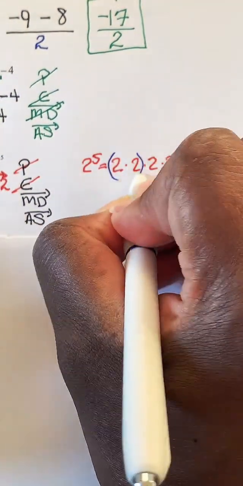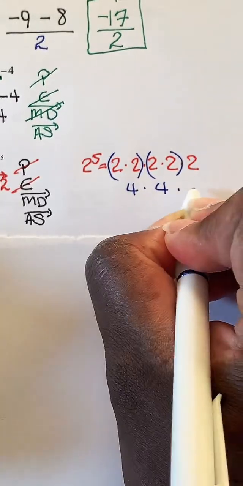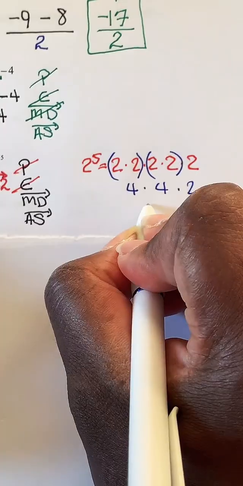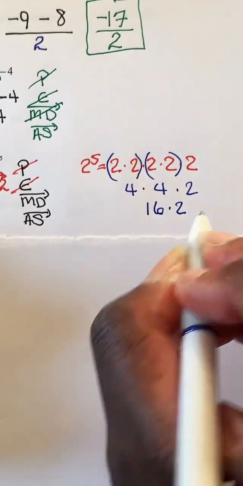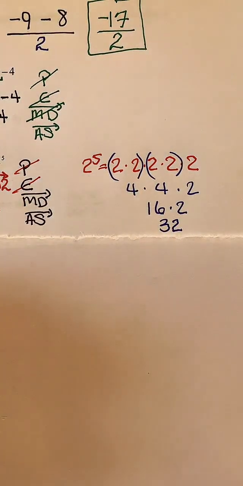So 2 to the 5th power is the same as saying 2 multiplied by itself 5 times. So I know that 2 times 2 gives me 4. 4 times 4 gives me 16. And 16 times 2 gives me my 32.